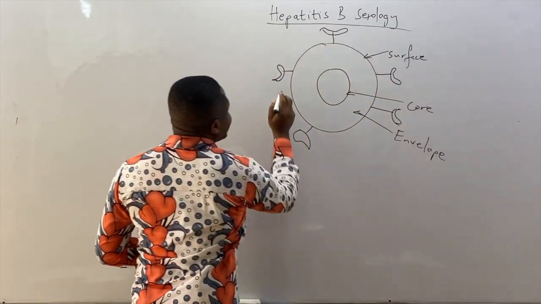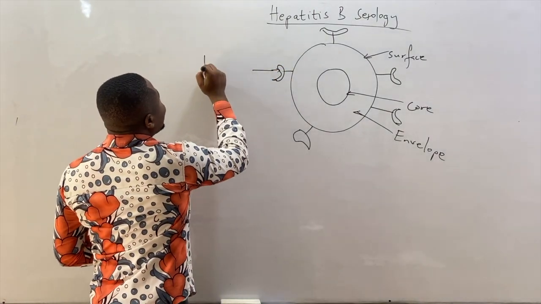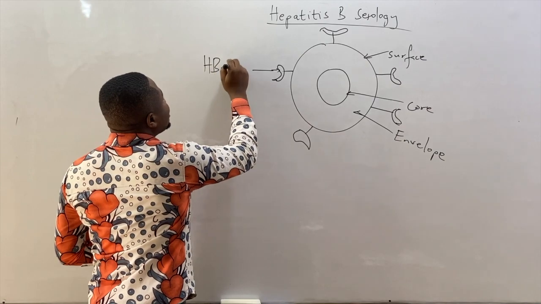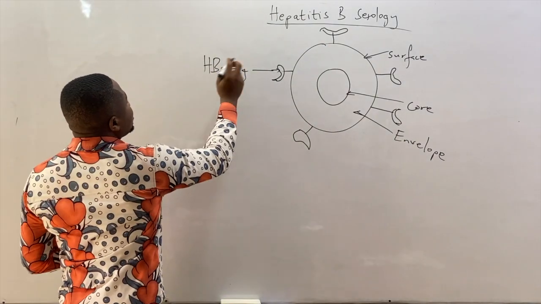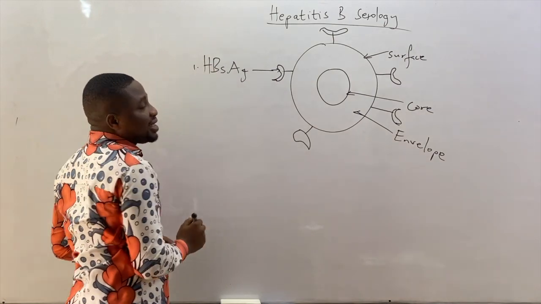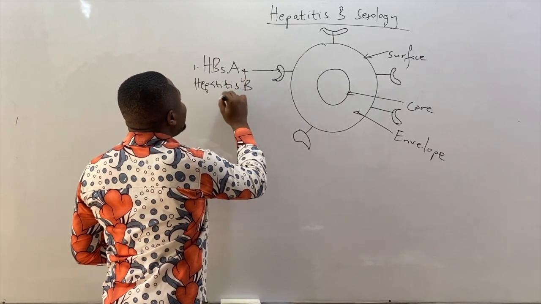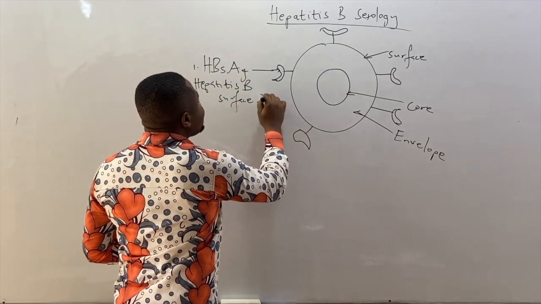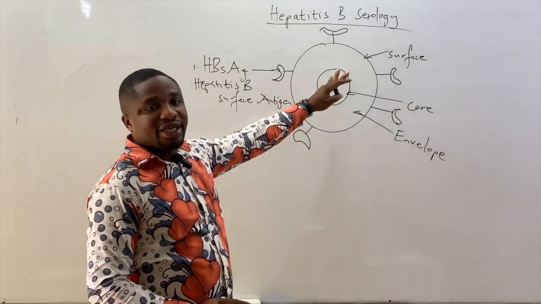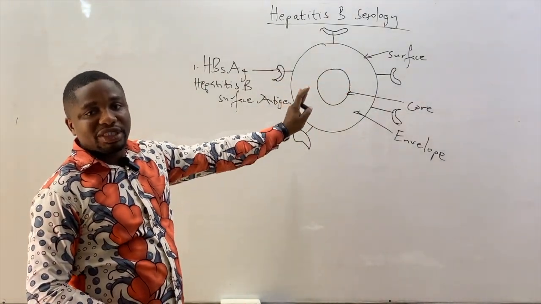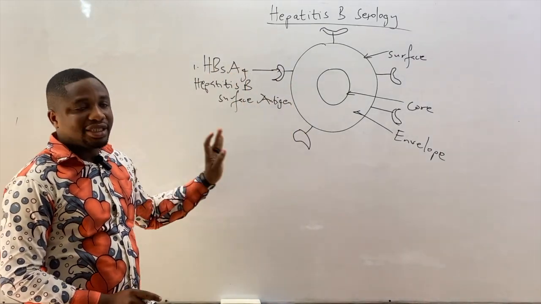This is how it is written, hepatitis B surface antigen. So the antigen located on the surface of the hepatitis B, the surface membrane of hepatitis B, we refer to it as hepatitis B surface antigen.